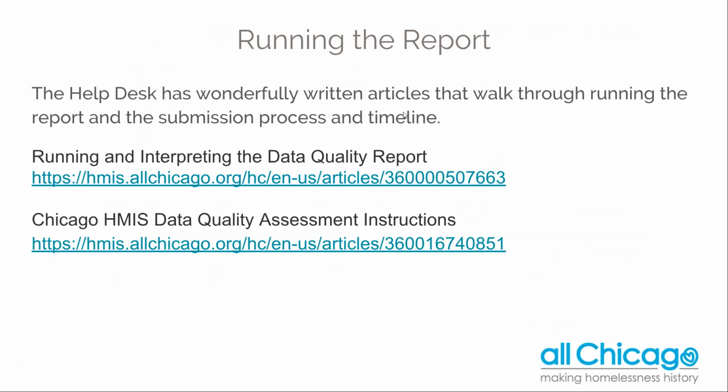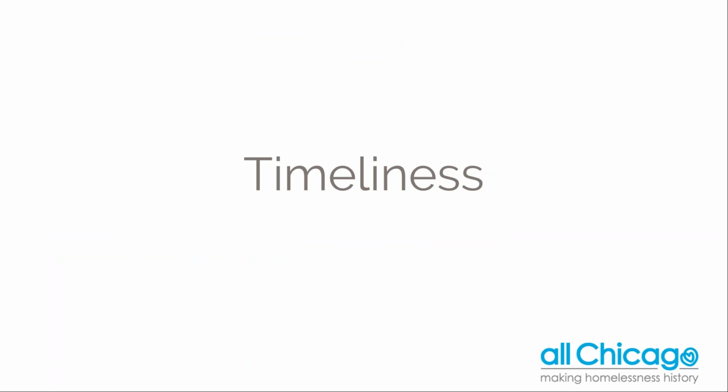So we have several reports regarding the data quality process. We have an article on how to run and interpret the data quality report, and another one on what the assessment instructions are for data quality. One thing I want to mention before we get into child-only entries is timeliness.